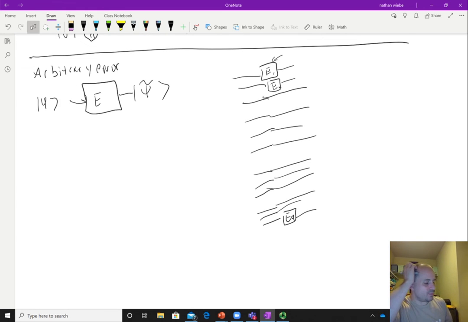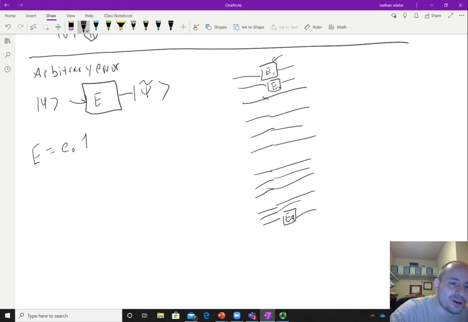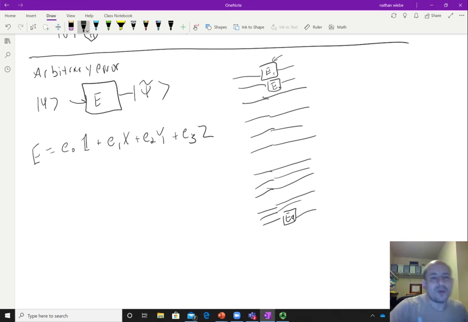So once we've made this assumption, we can end up using a Pauli decomposition to say that any matrix E can be written in the form E0 identity plus E1 X plus E2 Y plus E3 Z. Okay, that's cool, but recall that ZX is equal to iY.